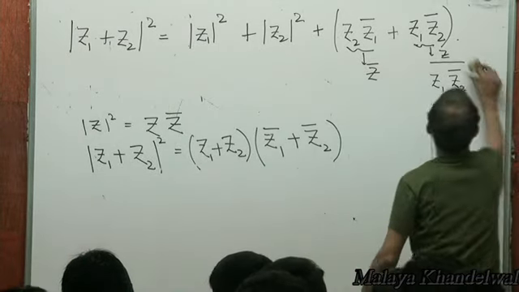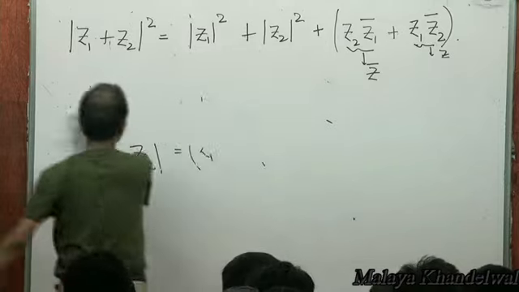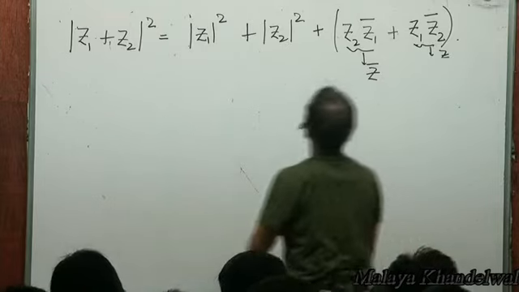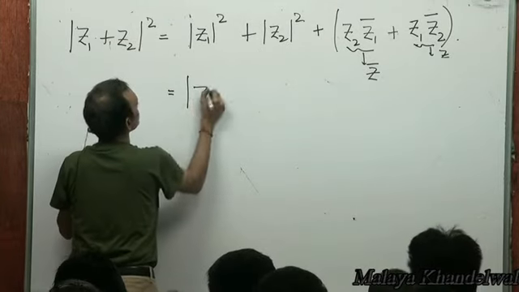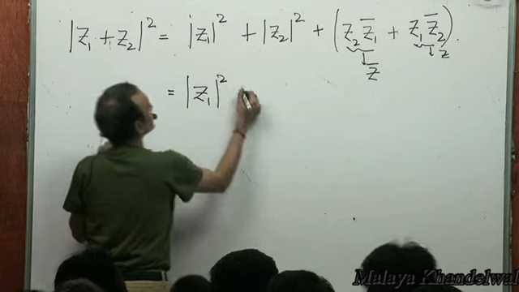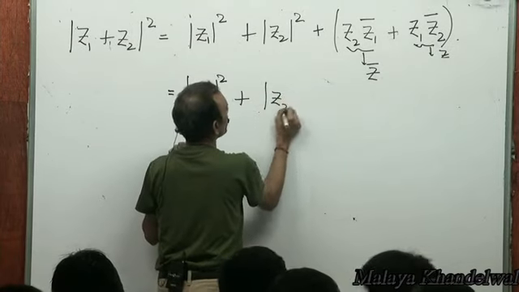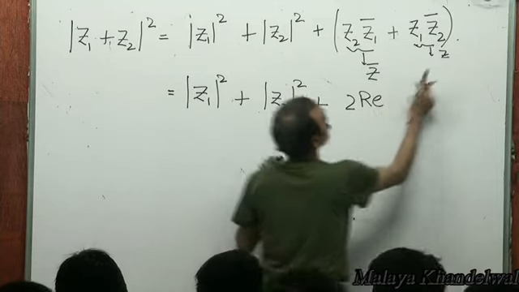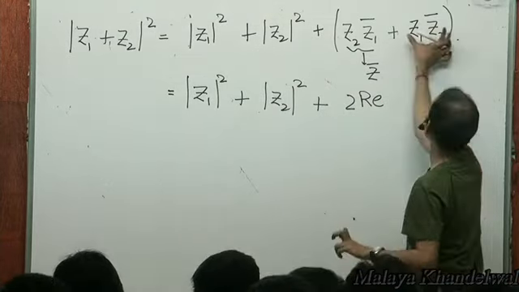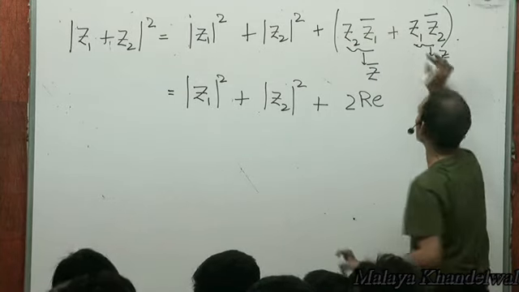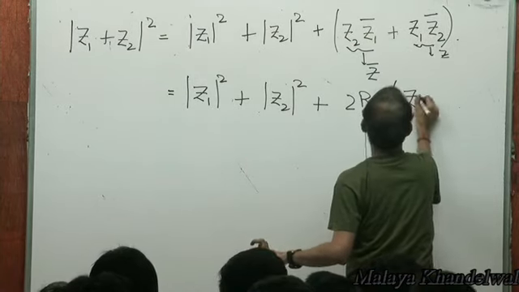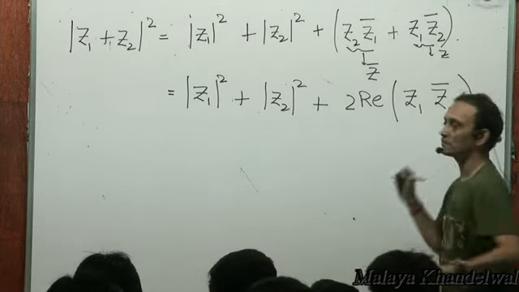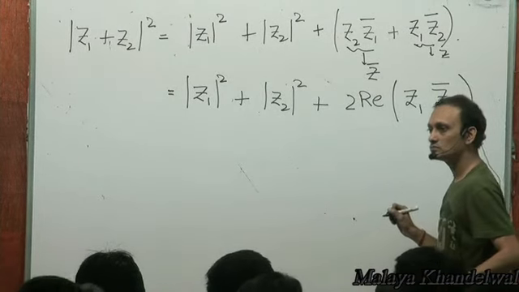So I could have said then, this is mod z1 squared plus mod z2 squared plus twice real z, which is z1 z2 bar. Yes or no?